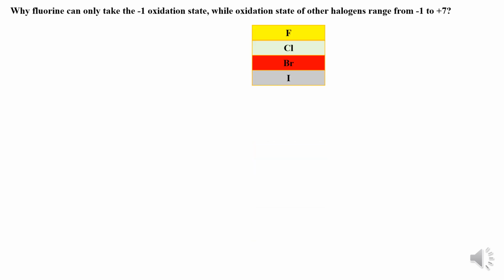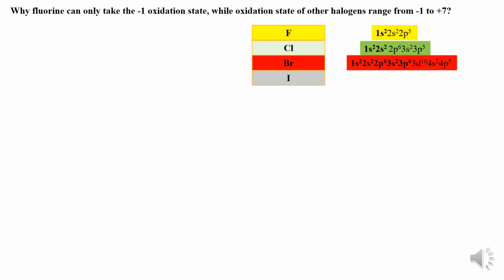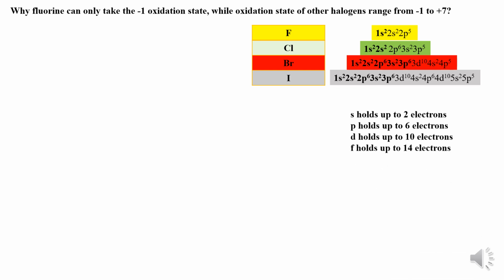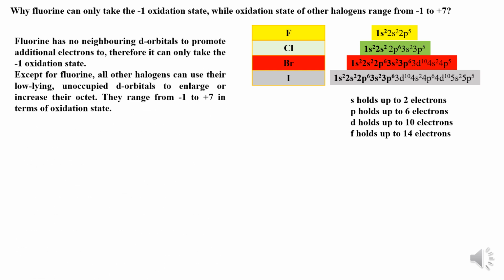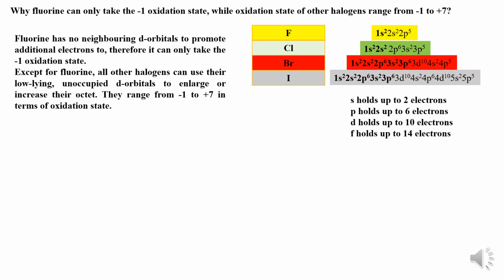On examining the electronic configurations of the halogen atoms, we find that fluorine has no neighboring d orbitals to promote additional electrons. So therefore it can take only the -1 oxidation state.